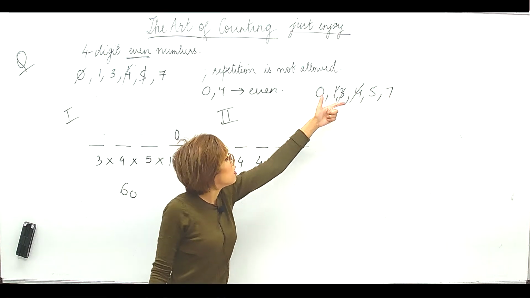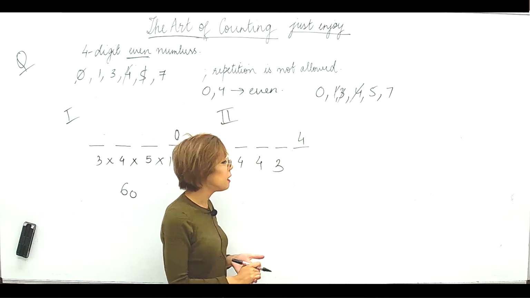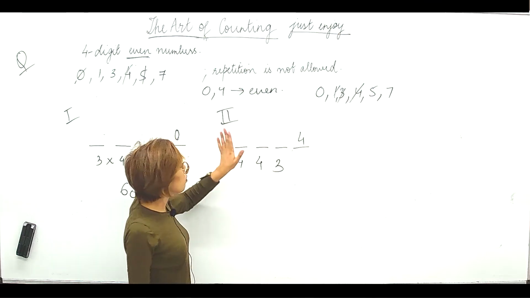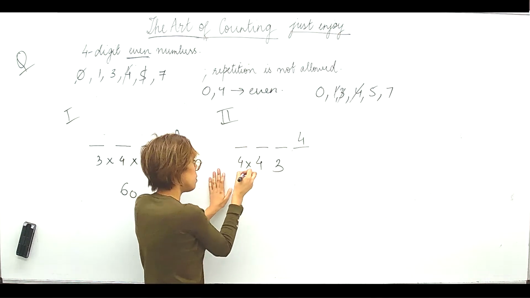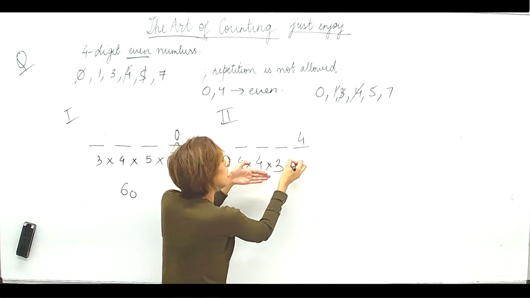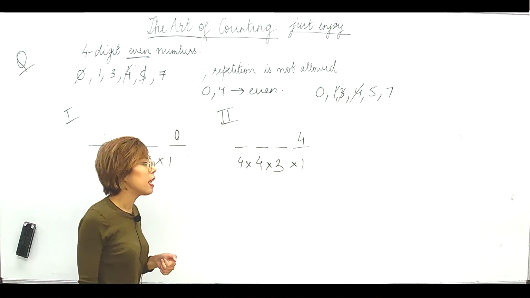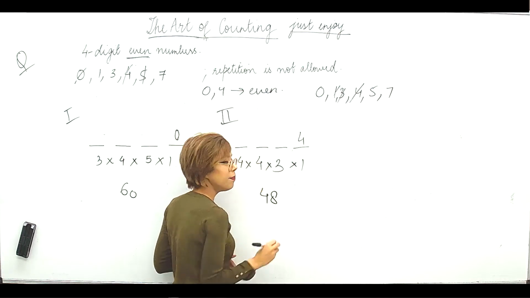So out of these 3 numbers I'll put one in here. So 3 possibilities. Now corresponding to each choice over here, I'll have a choice of number here. So into 3, and here there is nothing, so into 1. So this is nothing but 16 into 3, 48.